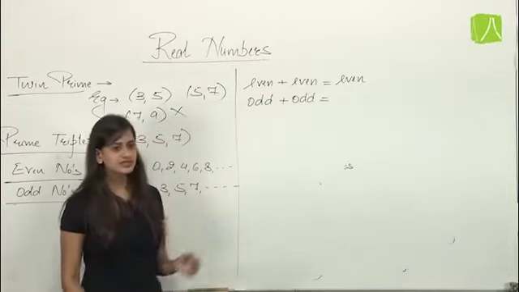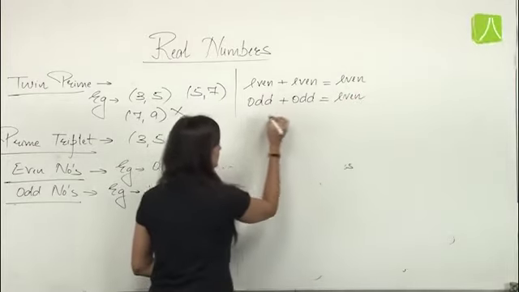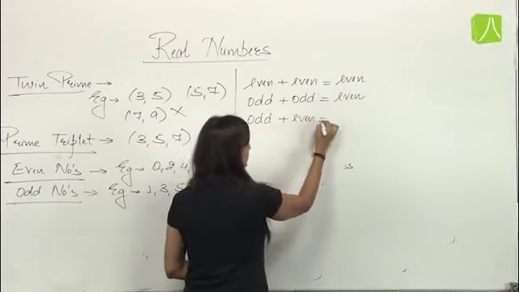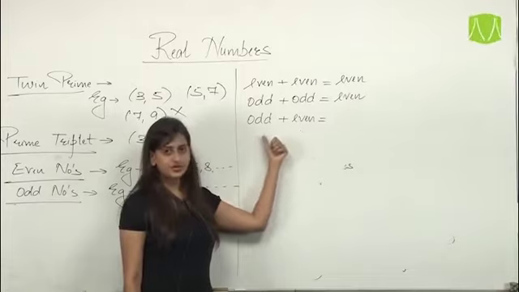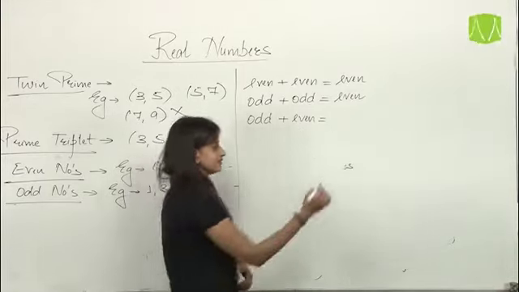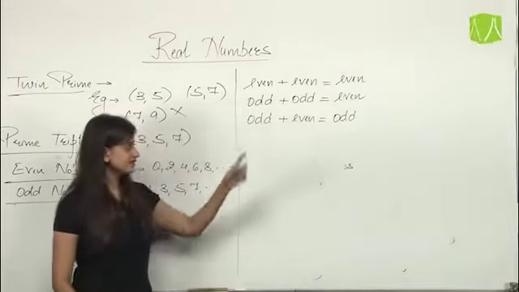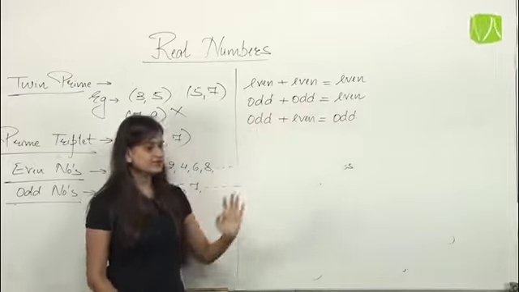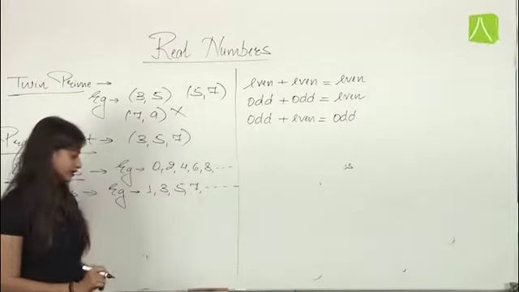So when two odd numbers are added, we get an even number. And the third case, when odd and even are added, for example 1 and 2, 1 plus 2 is 3. When odd and even are added, we get an odd number. So these are the three cases. Even plus even is always even. Odd plus odd is even. And odd plus even is odd.